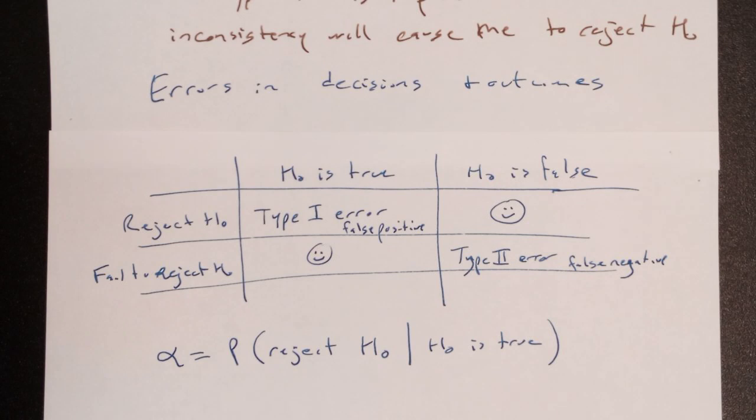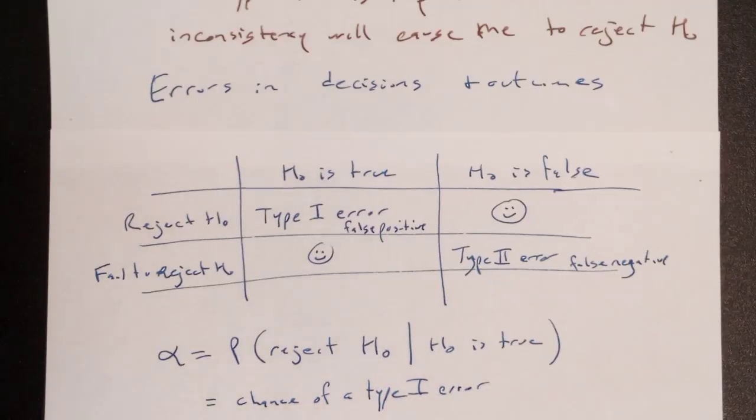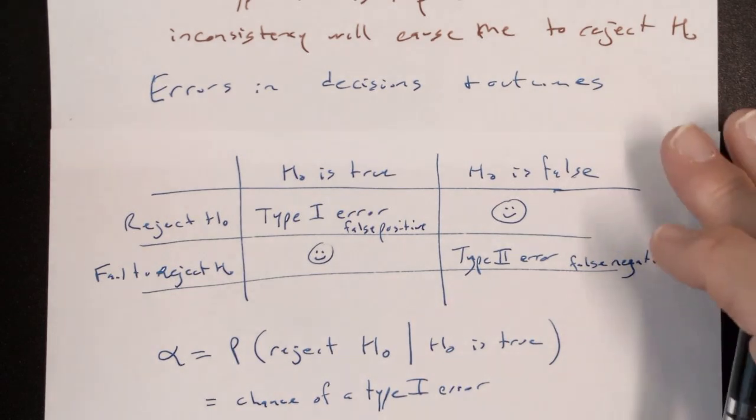But what does this mean? What is this the chance of, based on this table? It's the chance of a type 1 error. We're going to call this number the level of significance.